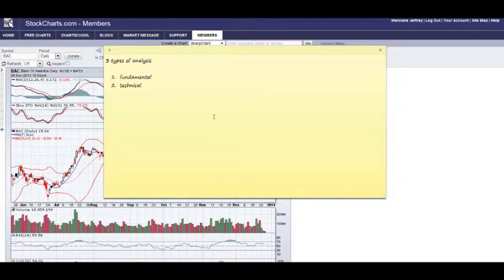Okay? The third type of analysis is basically your random walk. This is your dartboard theory. This is your idea that stock direction under any period of time, minute, monthly, daily, hourly, weekly, cannot be predicted.